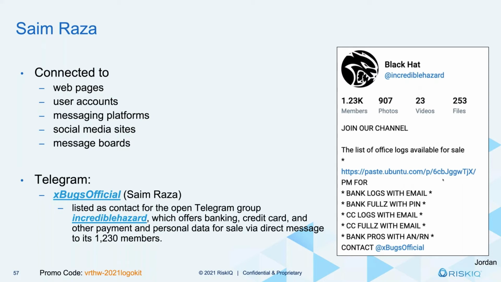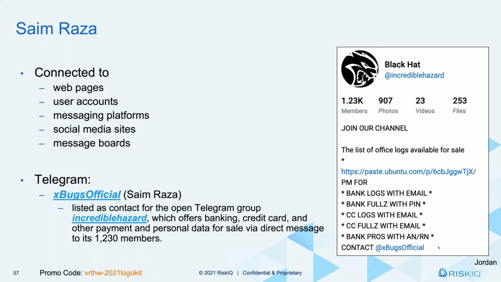So the name Saeem Raza we're able to take and do some further digging on. It's connected to a bunch of different web pages, user accounts, messaging platforms, social media sites, message boards, a lot like some of the other stuff that we saw earlier. Another Telegram account, xbugs official, is connected to Saeem Raza's name. It appears in this Telegram group, Black Hat, aka @IncredibleHazard, as the contact info.